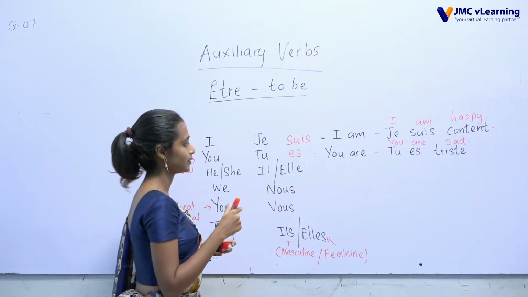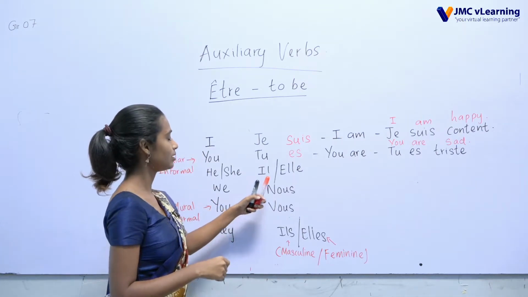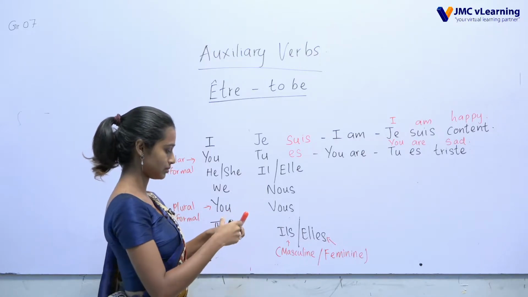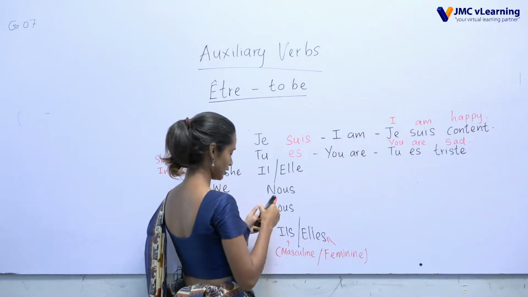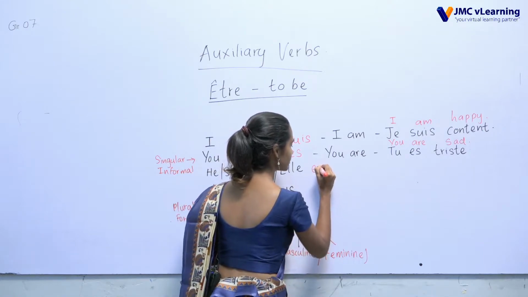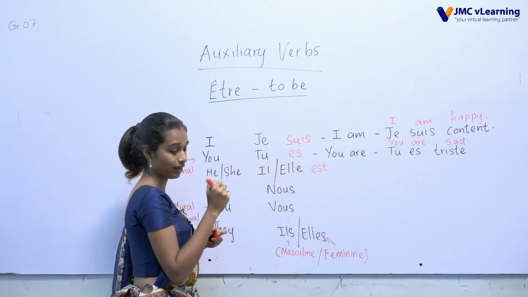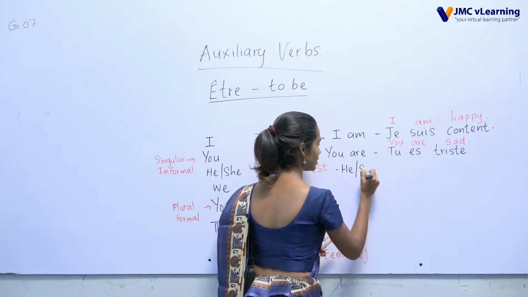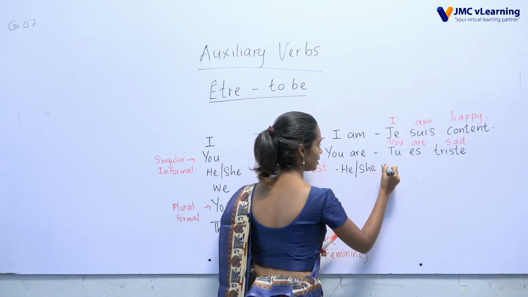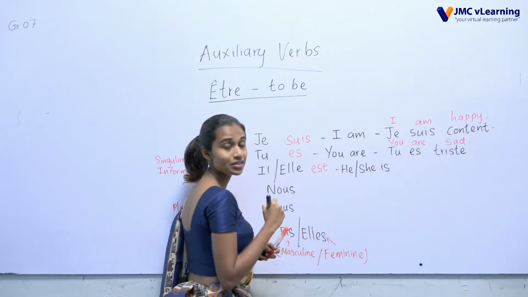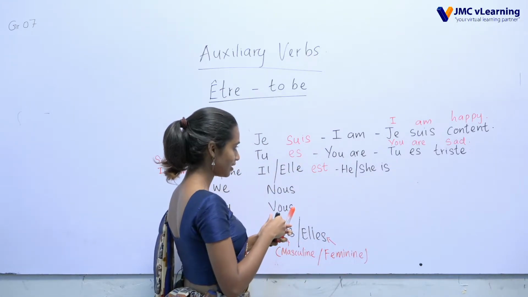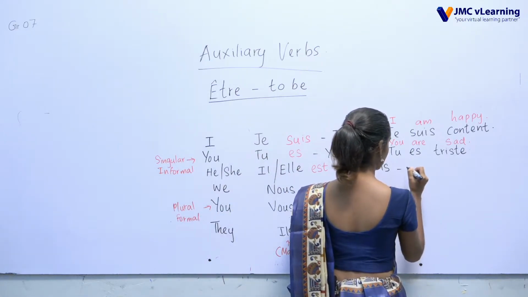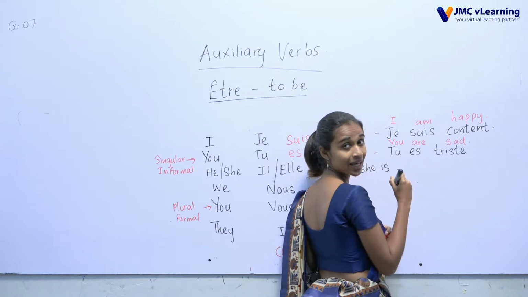Okay? And then il or elle. With il or elle, the être verb is conjugated as est. That means he or she is. We have to write two sentences there, right? Okay. So we can write he is handsome.